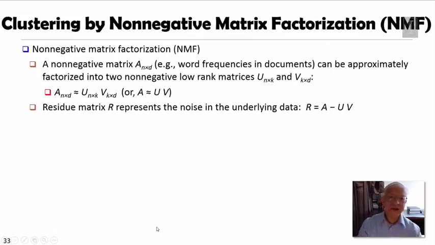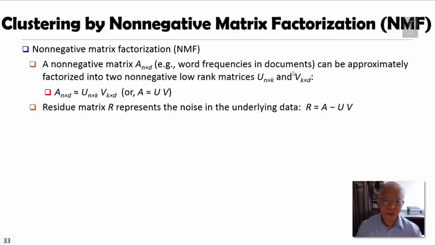Let's look at non-negative matrix factorization. For example, you can think about a quite large set of documents, and they have lots of words. Then the word frequency in documents forms a pretty high-dimension non-negative matrix.